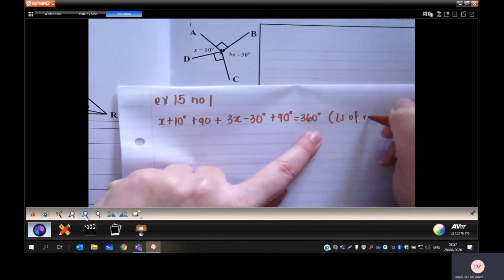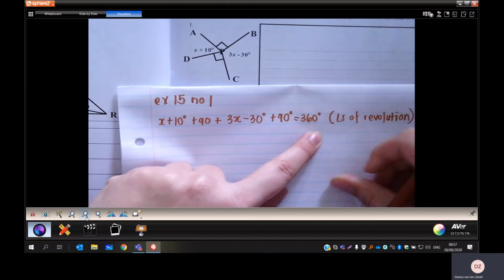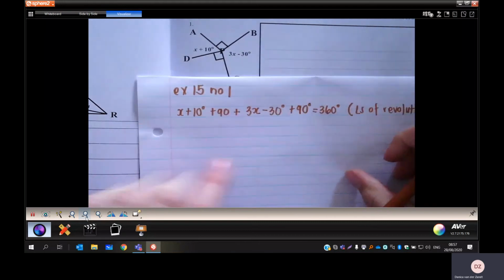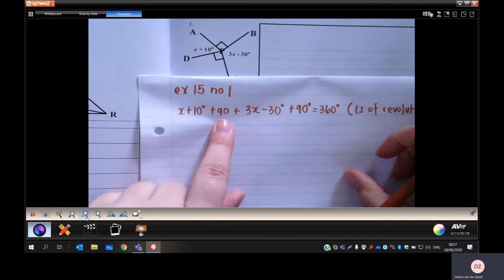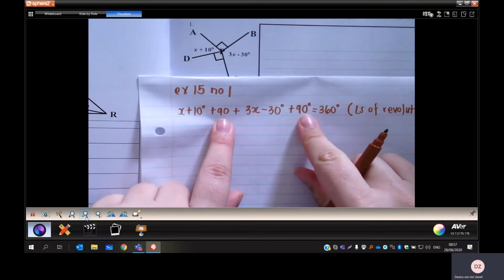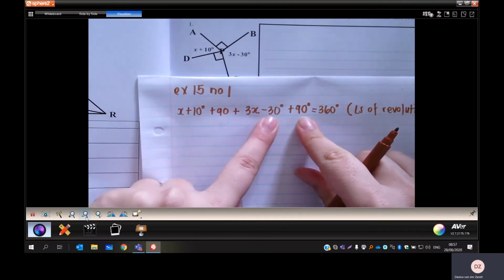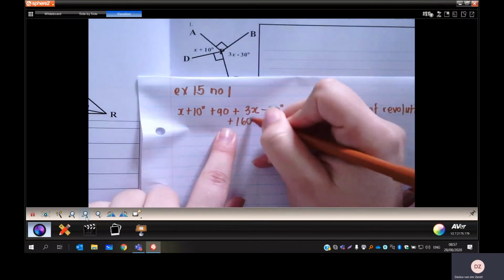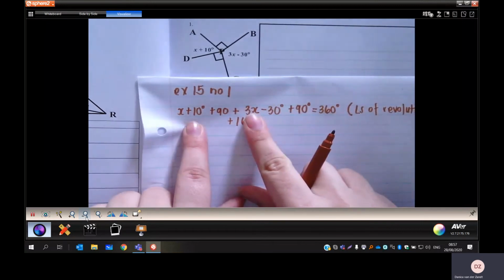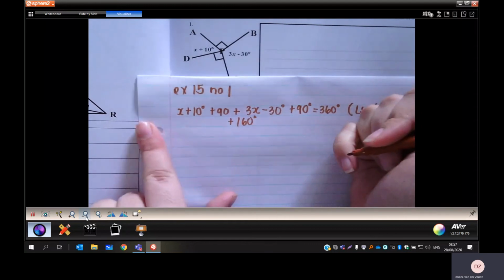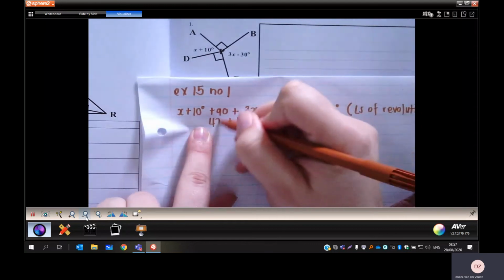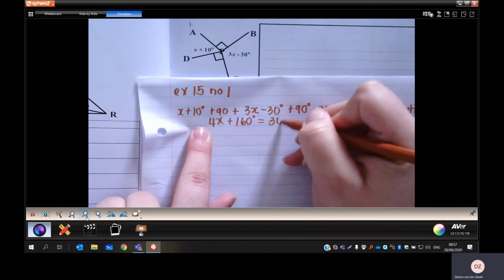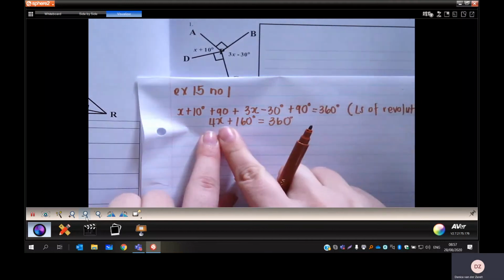Angles of revolution. Perfect. So now I just have to do like terms. So 10 plus 90 plus 90 minus 30 is 160. x plus 3x is 4x. I want to get the x by itself.